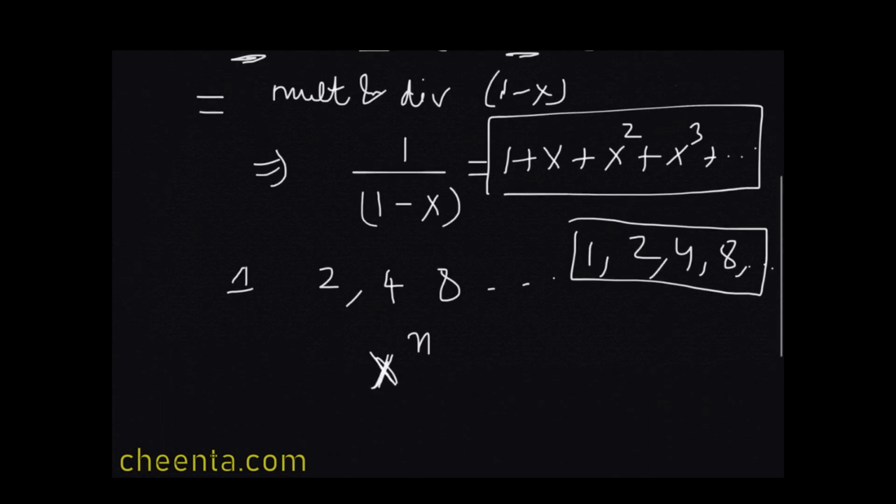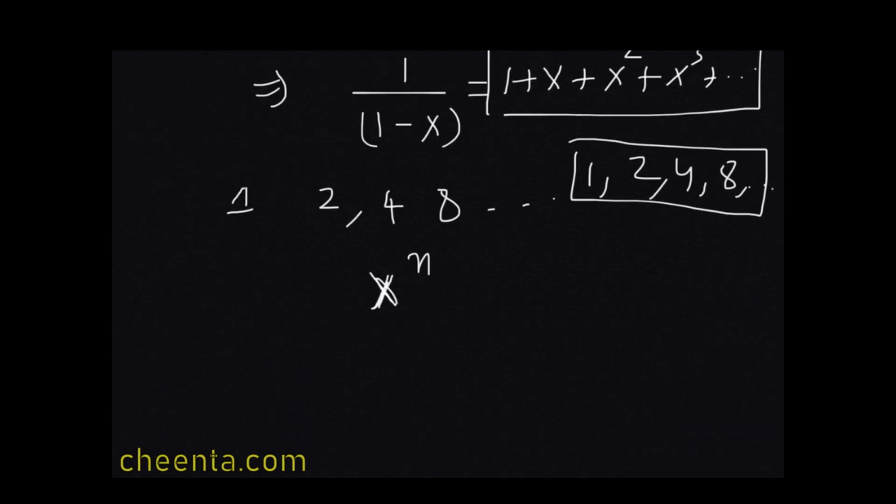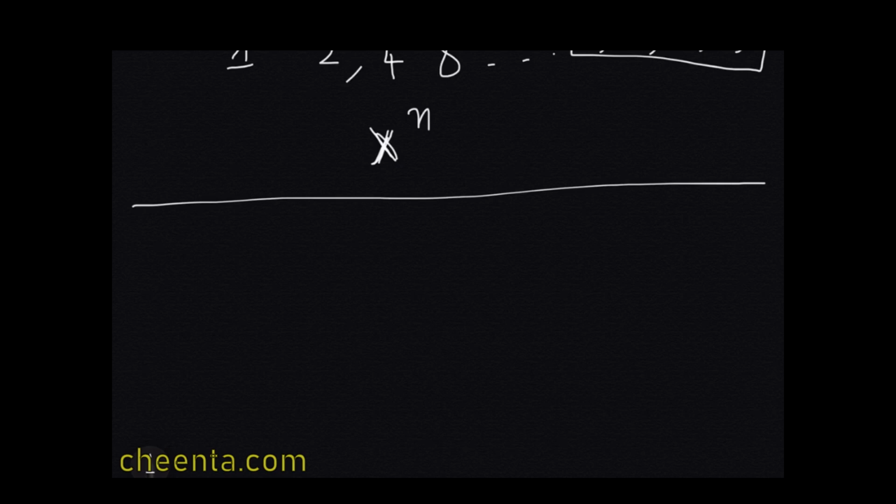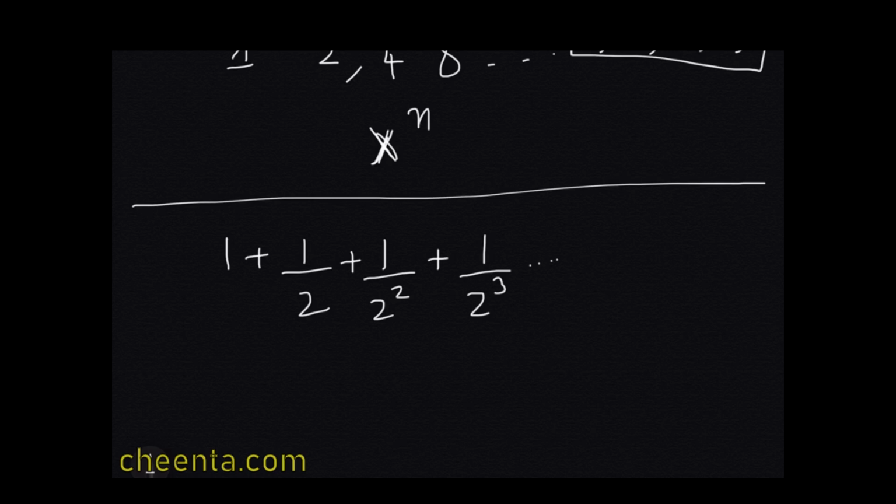Now let's think about it: just like every number has a unique binary representation, every number has a unique prime factorization. All of us know that, right? So let us first look at this: 1 plus 1 by 2 plus 1 by 2 square plus 1 by 2 cube and so on. What is this actually?